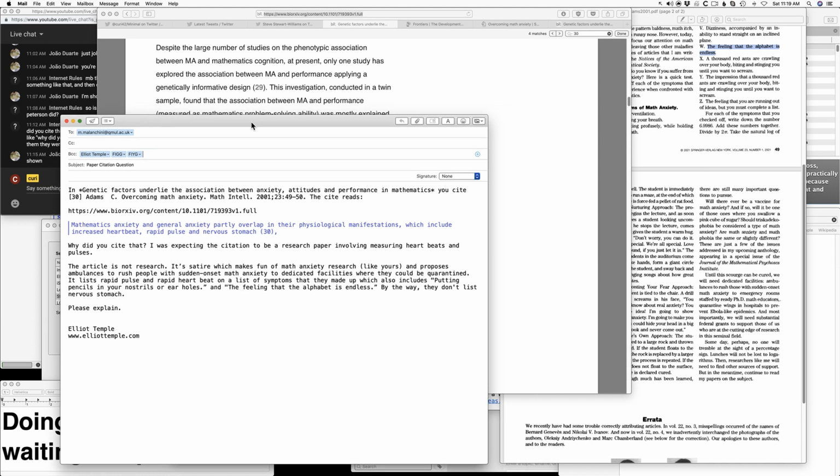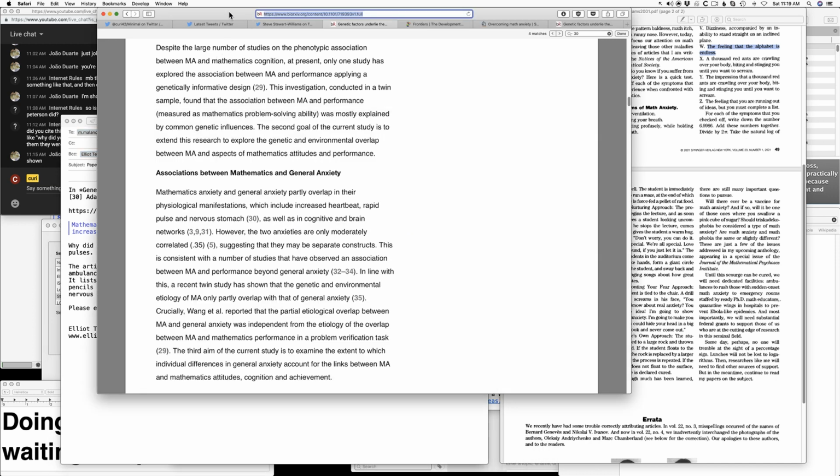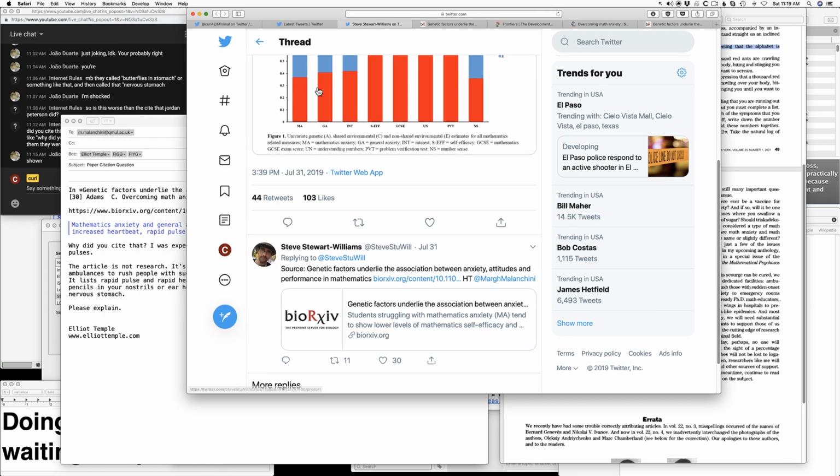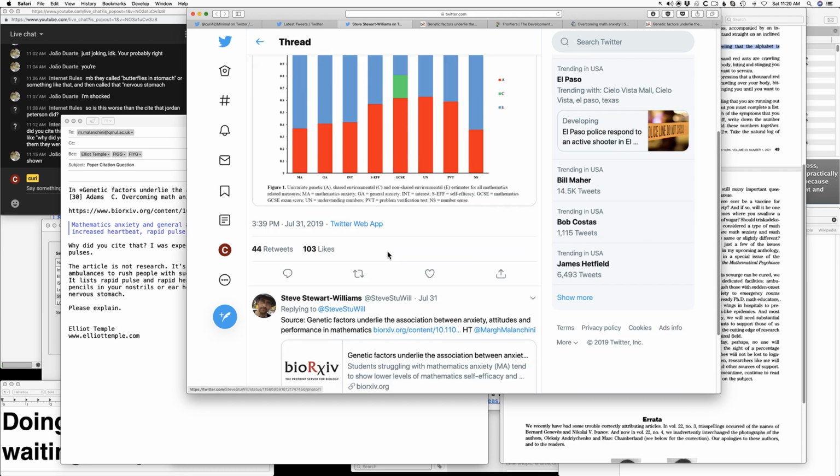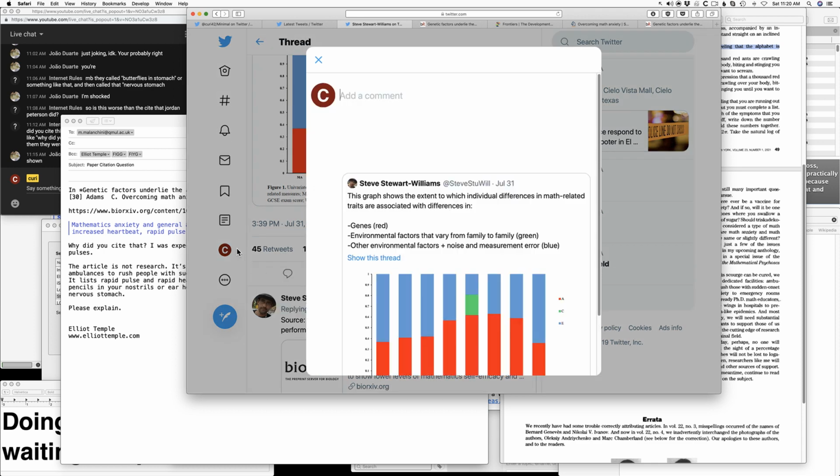Okay, I also want to put this on Twitter, because I got this from Twitter. This was tweeted by Stukio. Oops. Retweet with comment.